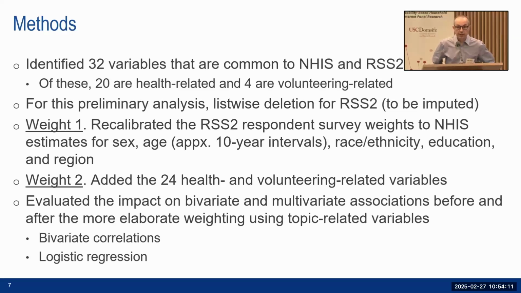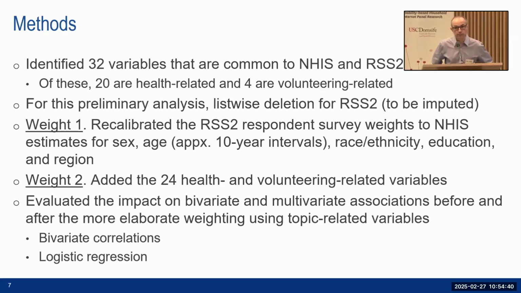For this preliminary analysis, and I do say preliminary because this is work in process, I used listwise deletion of the RSS2, which at some point I can impute. And then most critically, weight 1 and weight 2. Weight 1 is what would be the more typical approach to weighting. I started off with a weight that was already developed as part of the study, and then just recalibrated because of the listwise deletion to sociodemographics.